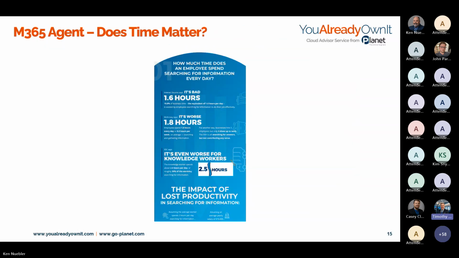because before I bring John in for more, I do want to take just 2 minutes to talk about the value of these. Interact says that the average person wastes 1.6 hours a day looking for information. McKinsey says they're wrong, it's actually 1.8. And IDC says they're both wrong, it's actually 2.5.